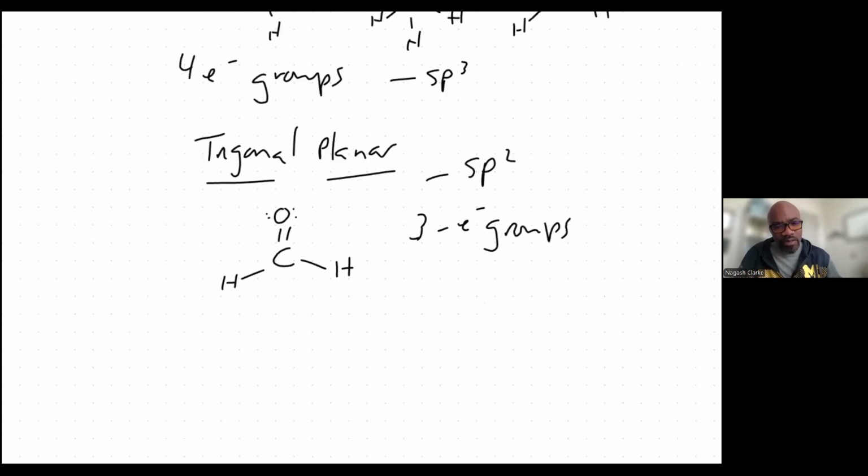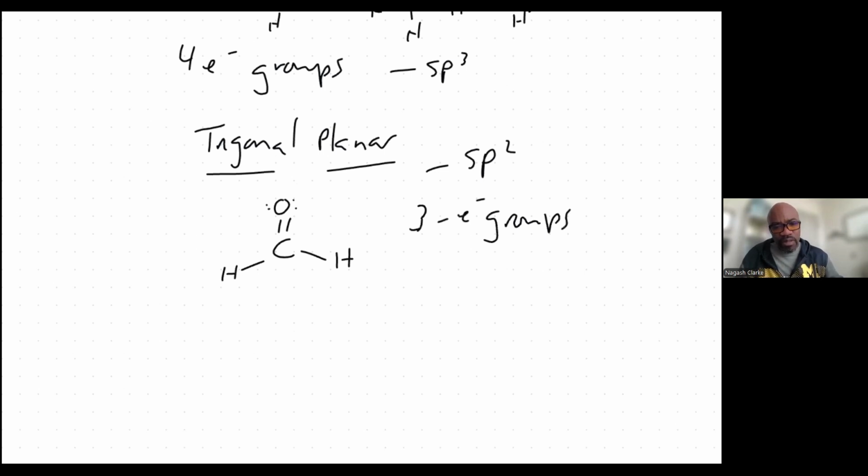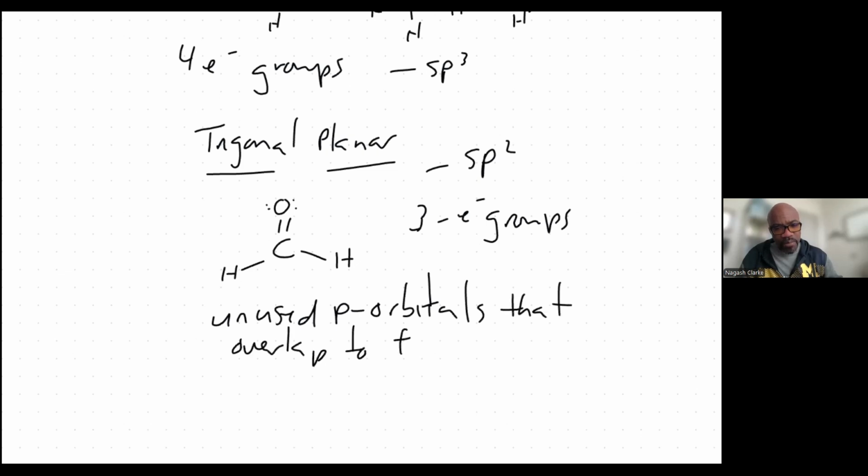And so for sp2, they're unused p orbitals. When you have double bonds, they're unused p orbitals that overlap to form pi bonds.